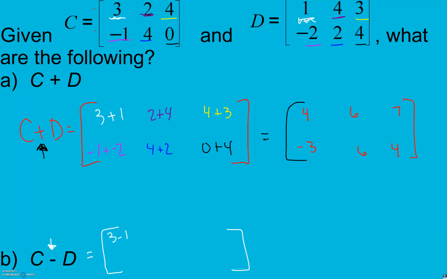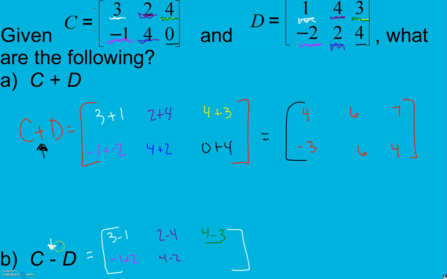I'm going to take 2 minus 4. I'm going to take the element for this spot from C minus D, 4 minus 3. So they have to go from the corresponding spots, -1 minus -2. Four minus 2.